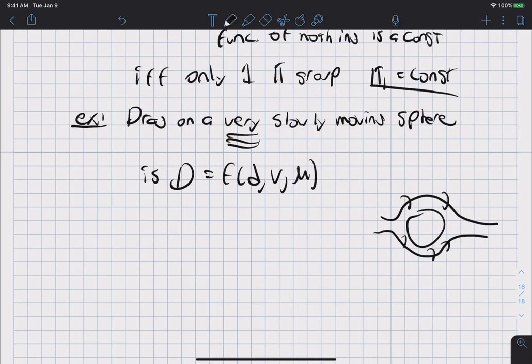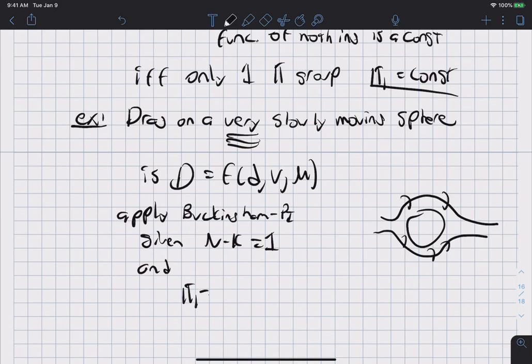If we apply Buckingham pi, I'm not going to show you how to do that because we've done plenty of examples. That will give n minus k equals 1. So there's only one pi group, and that pi 1 group equals the drag force over mu v d.